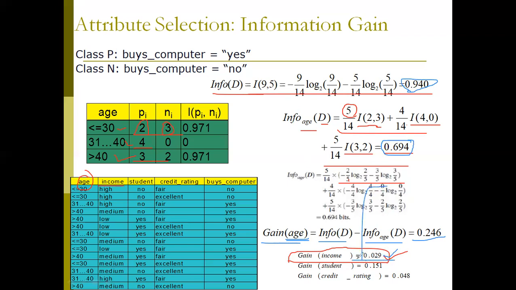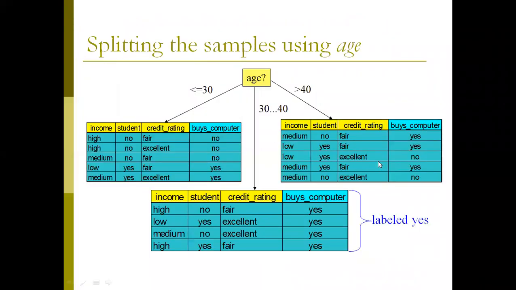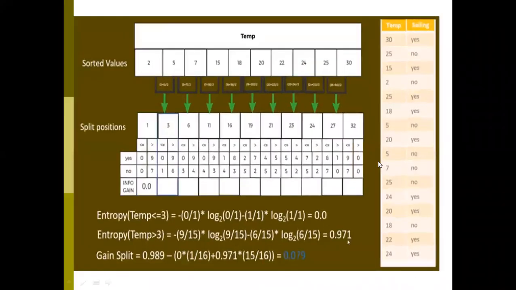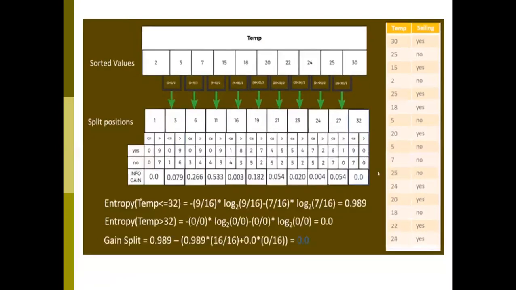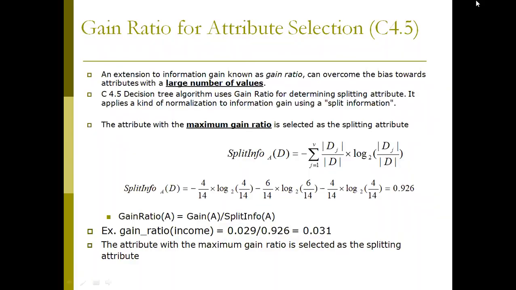This 0.029 I have substituted in gain ratio. As you know, gain ratio is a successor of information gain. First of all, you should calculate the information gain for income, and only then should you calculate the gain ratio.